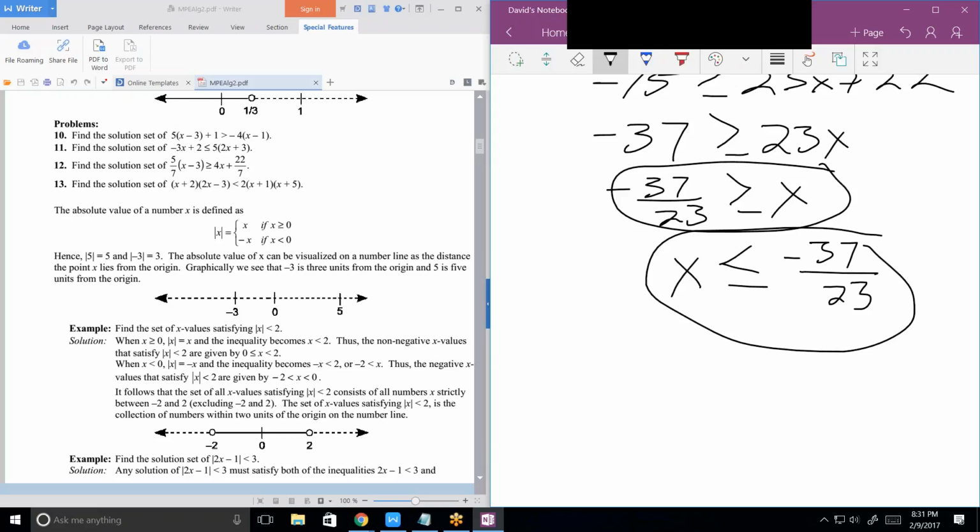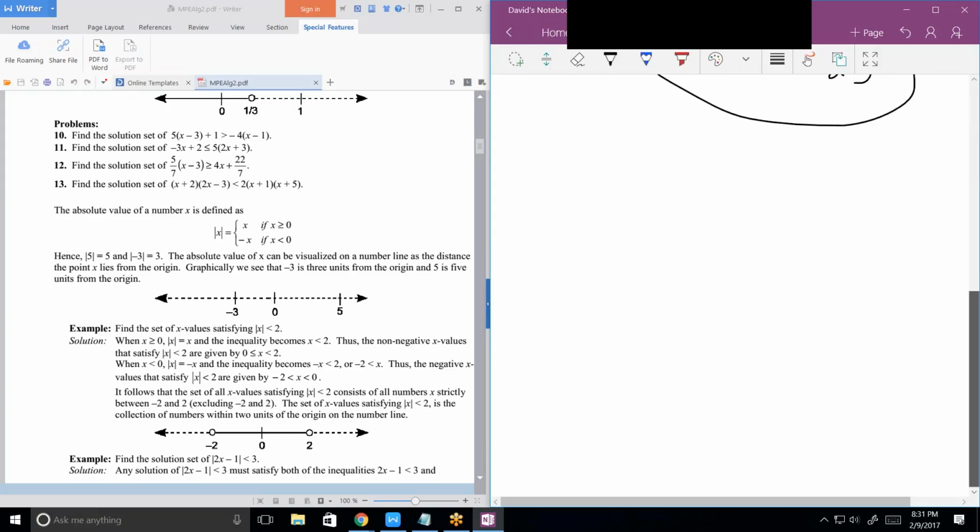Okay. All right, that was number 12. Let's do one more just to get through this section. Besides that, you're doing them pretty fast. The first line, go ahead and multiply those two things together.